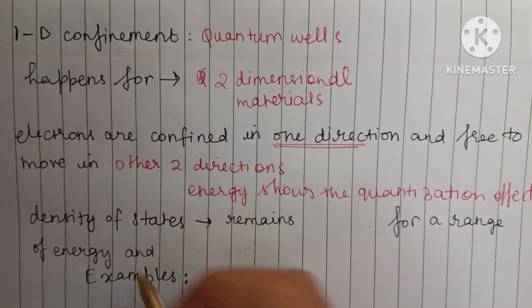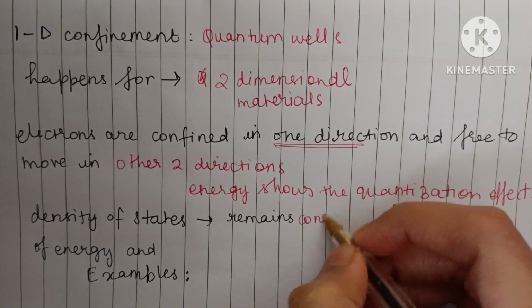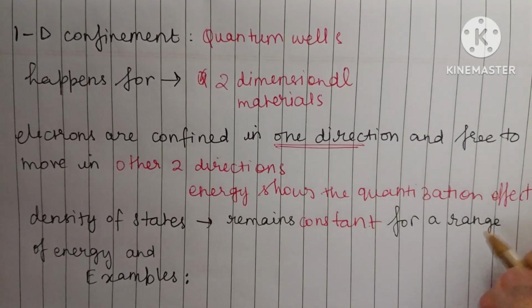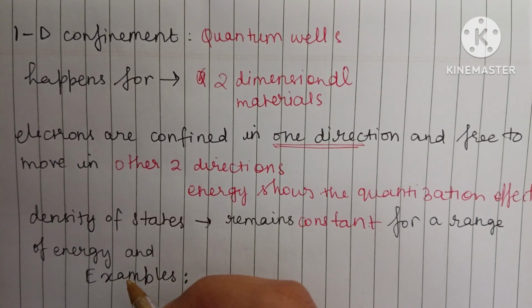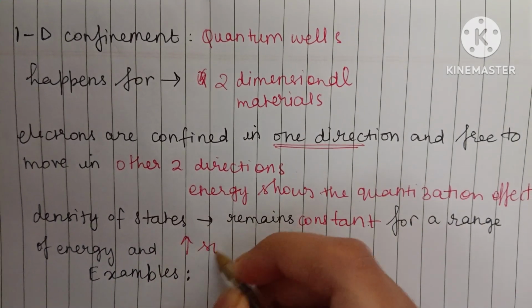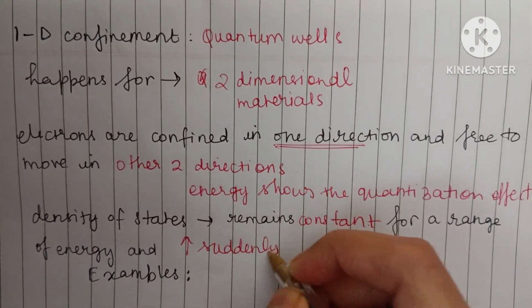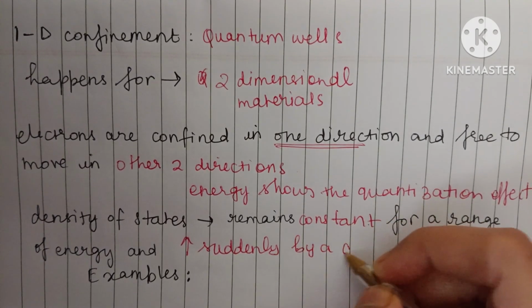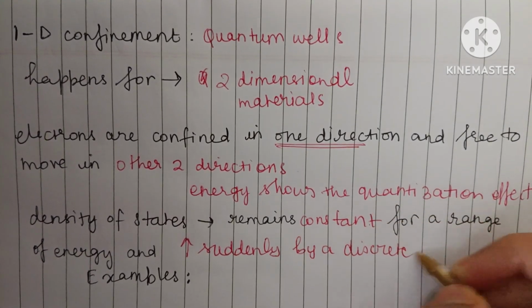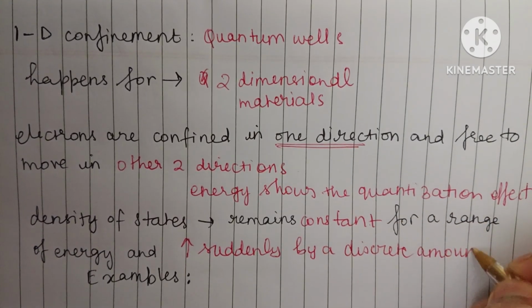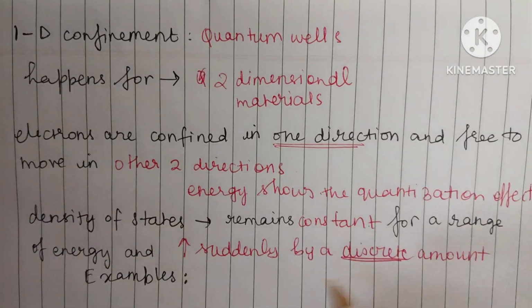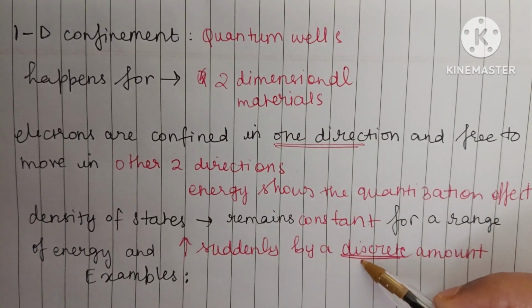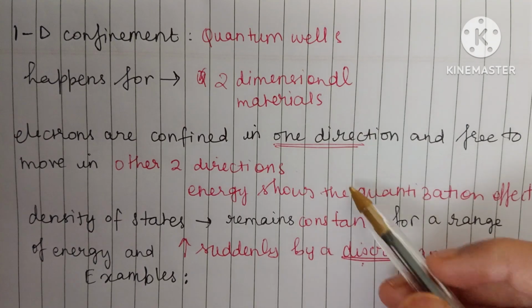And the density of states remains constant for a range of energy and it increases suddenly by a discrete amount. And this happens over and over again with the increase in energy.